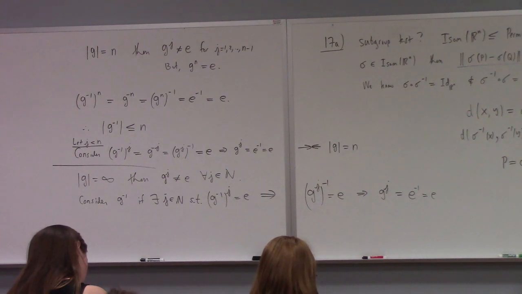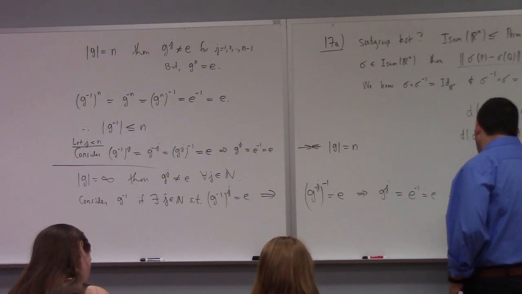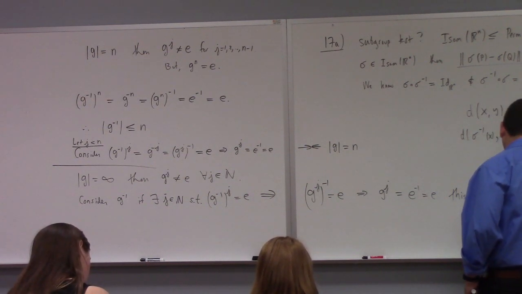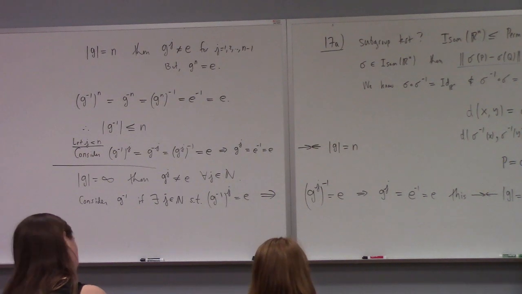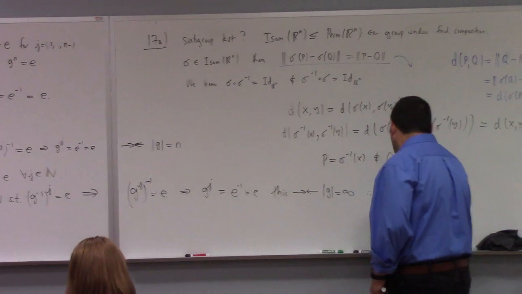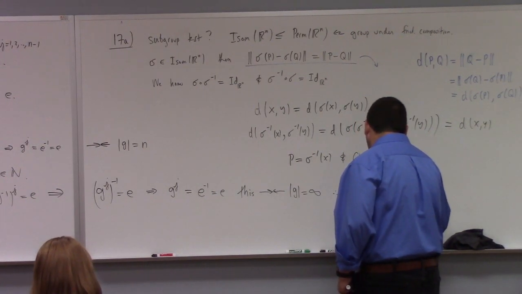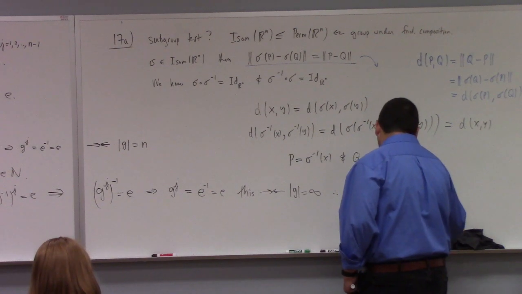This contradicts the infinite order of g. No such j exists, and we find that the order of g inverse is also equal to infinity.